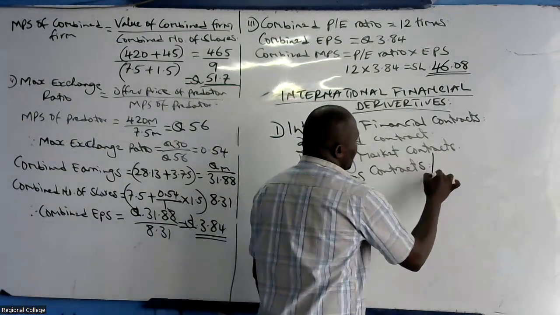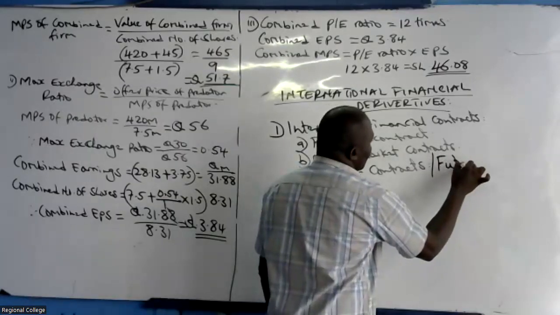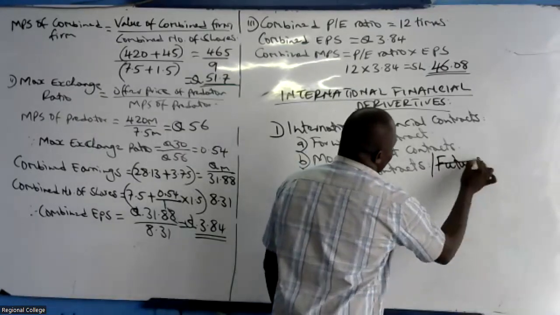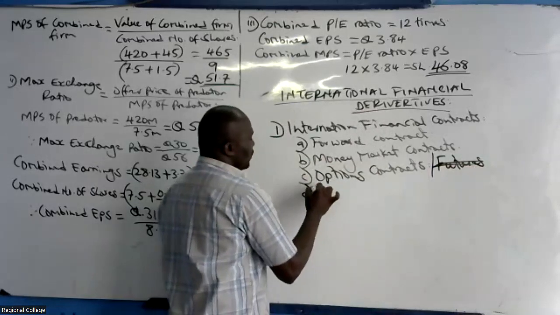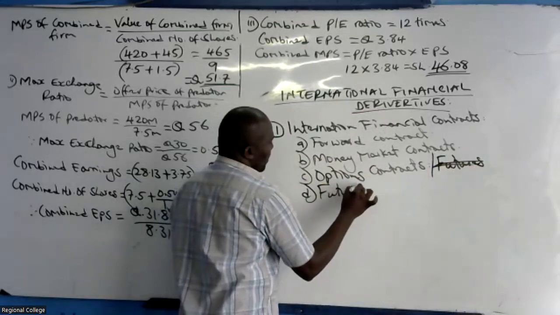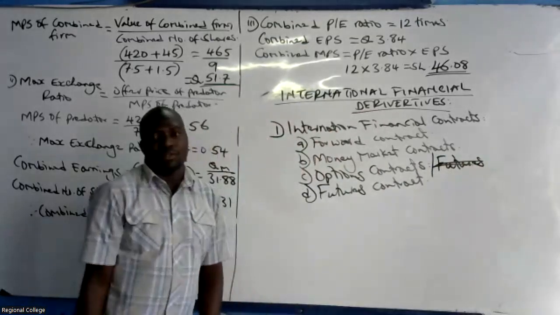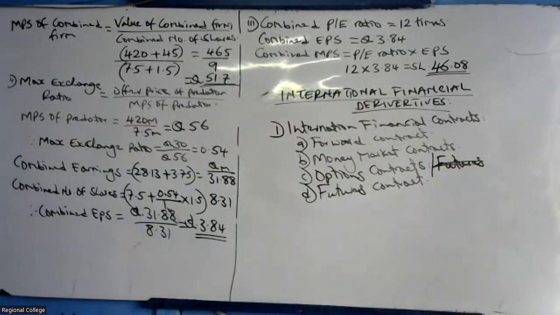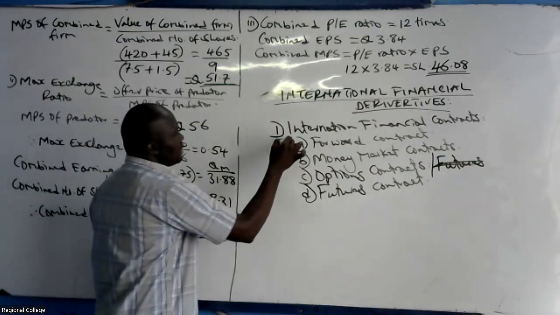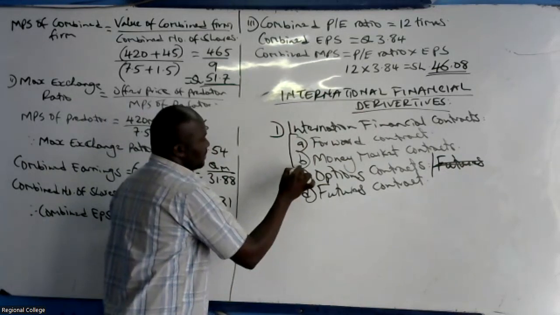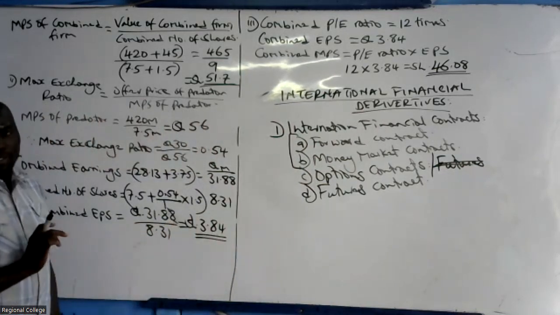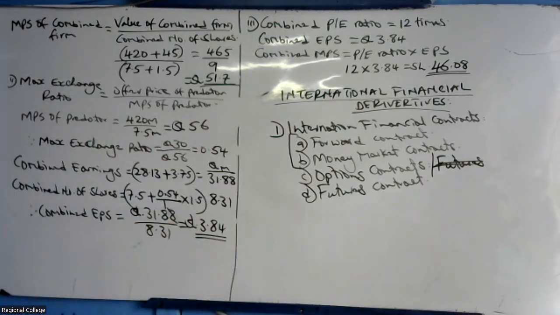Options are close to the futures contract. Then you have the futures contract. And the most notorious ones, the easy ones, are the forward contract and the money market contract.